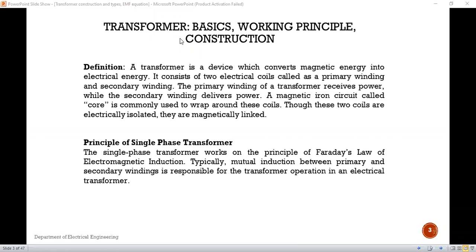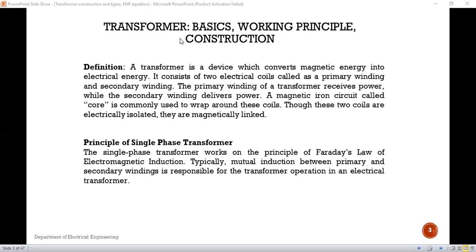Now we will discuss the principle of a single phase transformer. Okay, the single phase transformer works on which principle? So we will discuss the principle of the single phase transformer. See, the single phase transformer works on Faraday's law of electromagnetic induction.